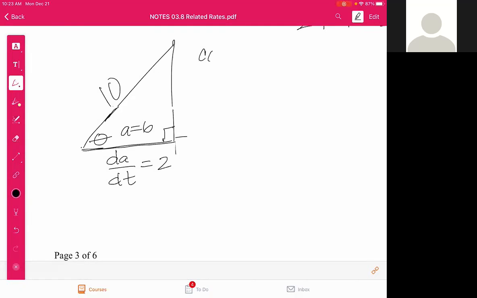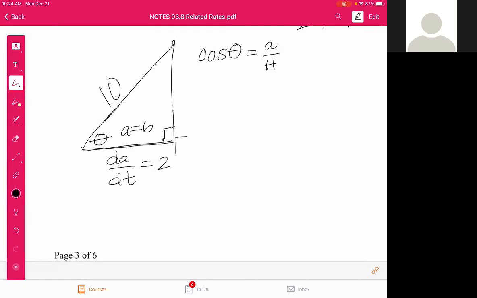So it is cosine of the angle equals the adjacent side over the hypotenuse. Okay. All right. So actually, I did not write that very nicely. I should have made a little a because that's what I labeled my triangle with, a little a.